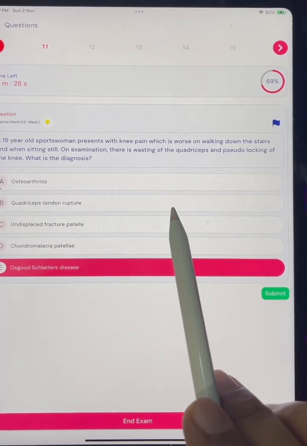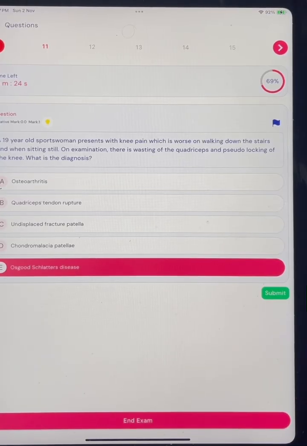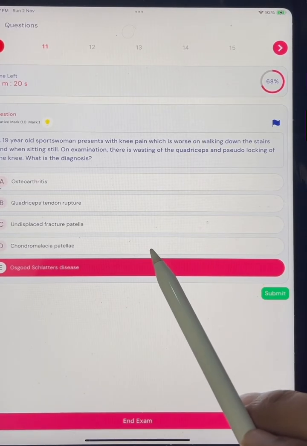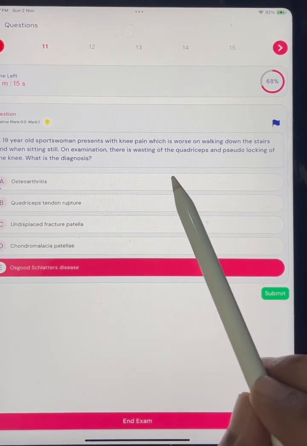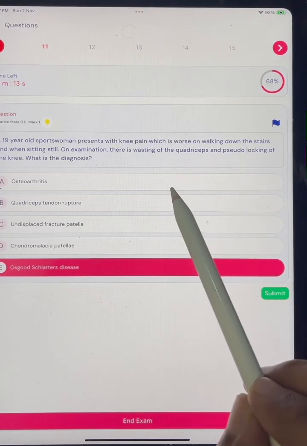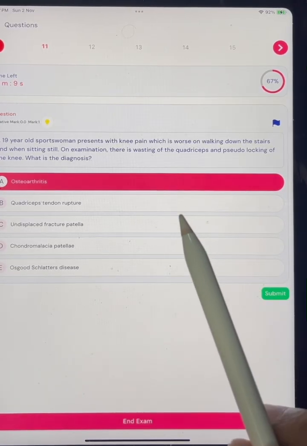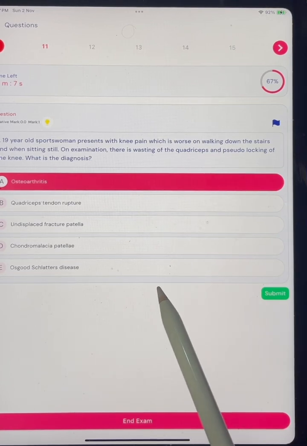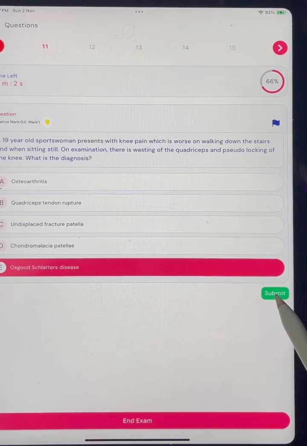On examination, wasting of the quadriceps and pseudo-locking of the knee. What is the diagnosis? Knee joint is pseudo-locking. Osteoarthritis in such a young patient, sportswoman. Let us see.